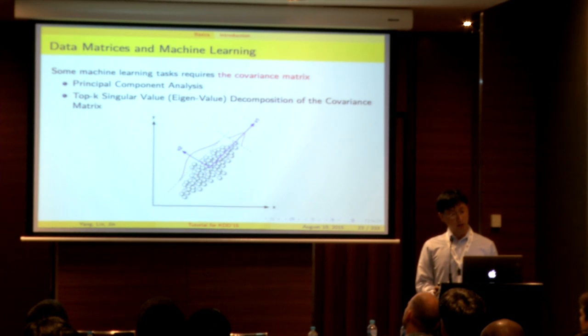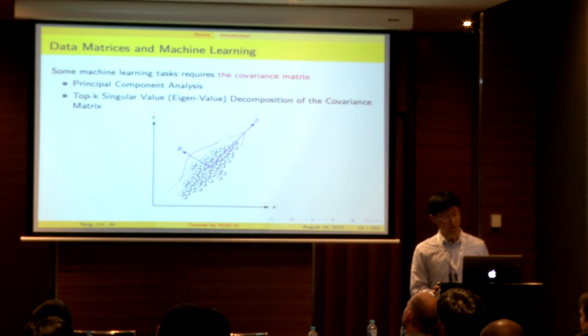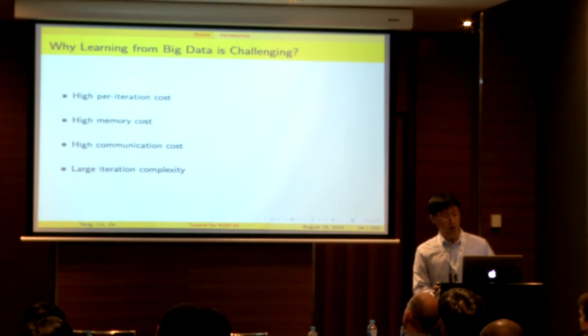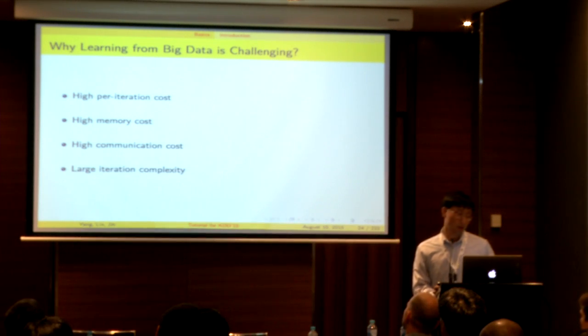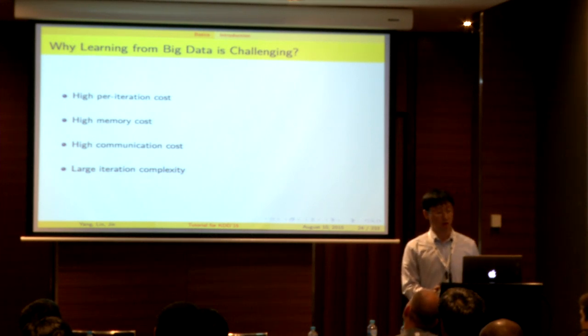And the covariance matrix has been used in principal component analysis, where you want to compute the top k singular value decomposition of the covariance matrix, right? So those are three data matrices which we usually use for machine learning and data mining tasks. So from that, we can start understanding why learning from big data is very challenging.